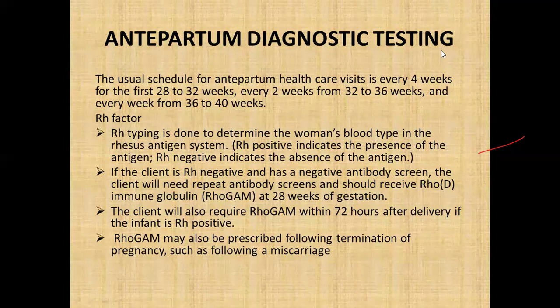So this person has to come back at 16 weeks of gestation for her next visit. Then 16 plus 4, we get 20. Then 20 plus 4, we get 24. Then 24 plus 4, we get 28.